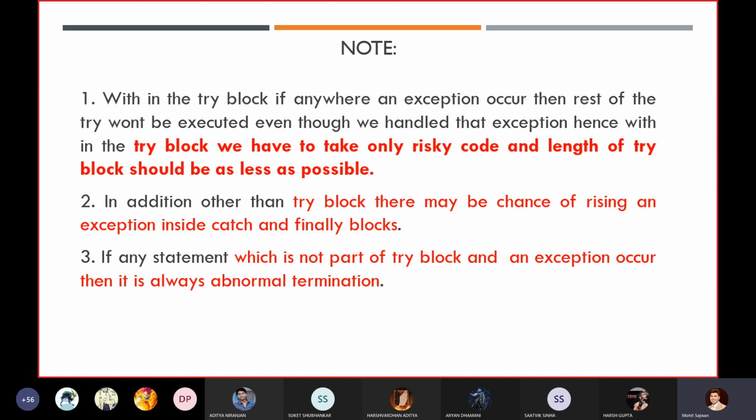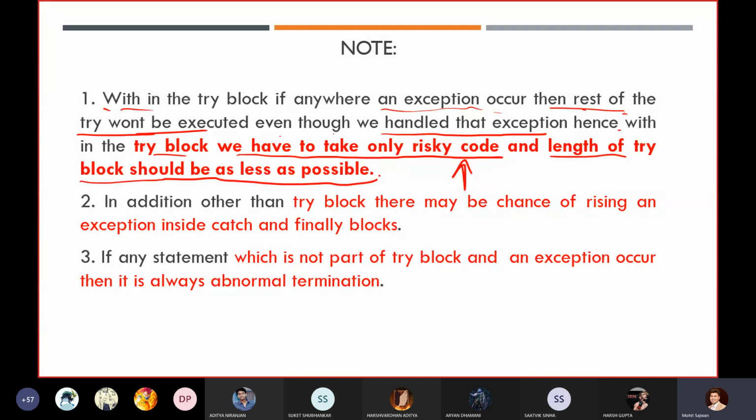What we have learned so far is that within the try block, if an exception occurs anywhere, the rest of the try will not execute. Remember, the rest of the try will not execute even though we handle the exception. Hence, within the try block, we have to take only risky code, and the length of the try block should be as small as possible.